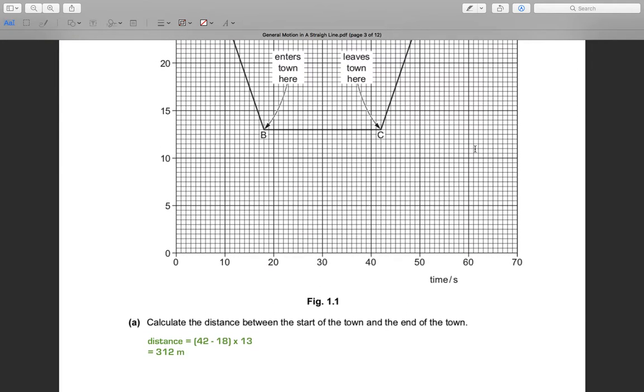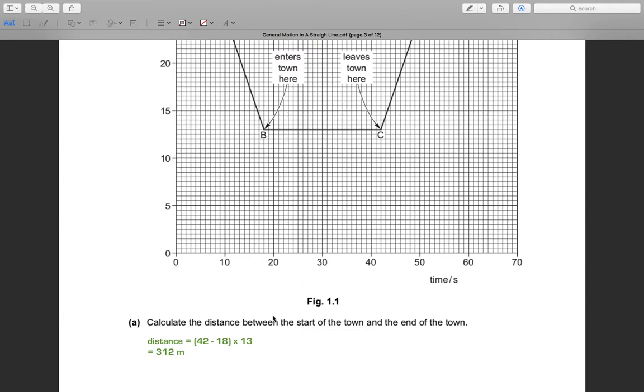Calculate the distance between the start of the town and the end of the town. The car enters the town at point B and leaves the town at point C. So we only need the area between B and C below the graph. This is easy.